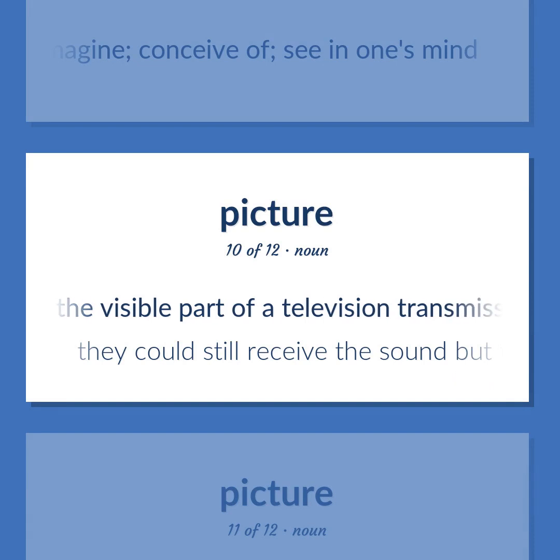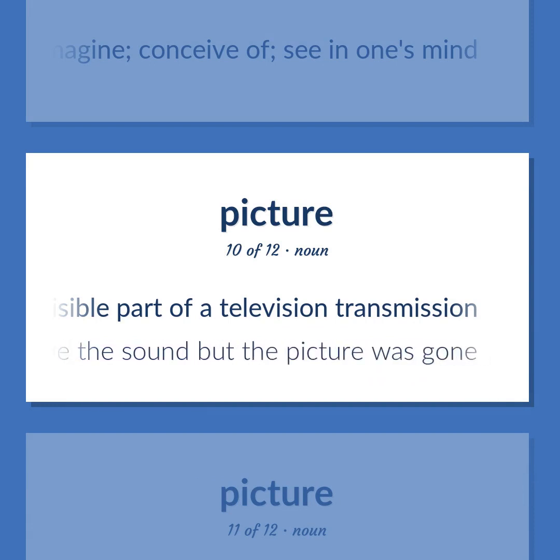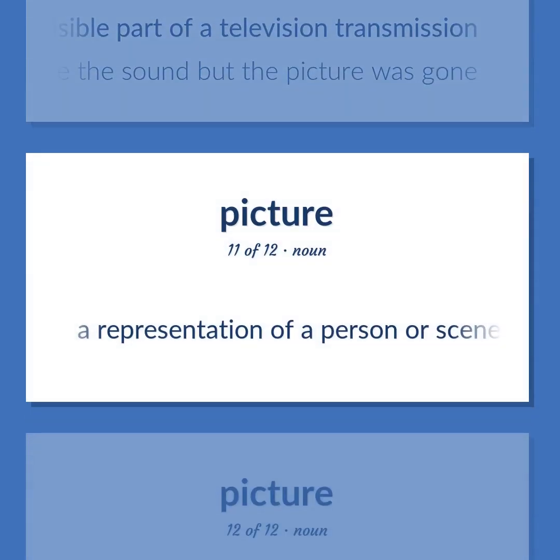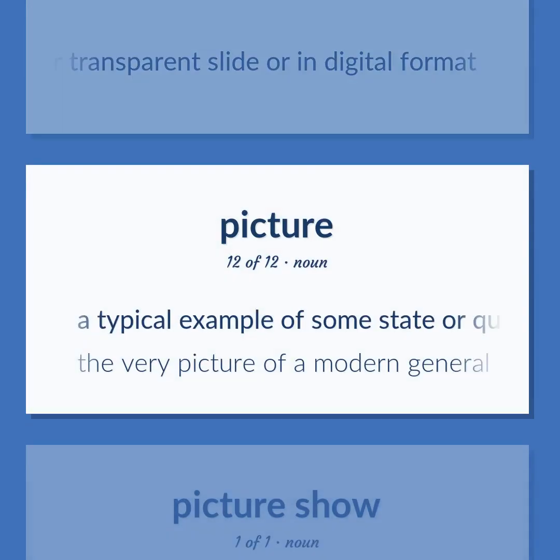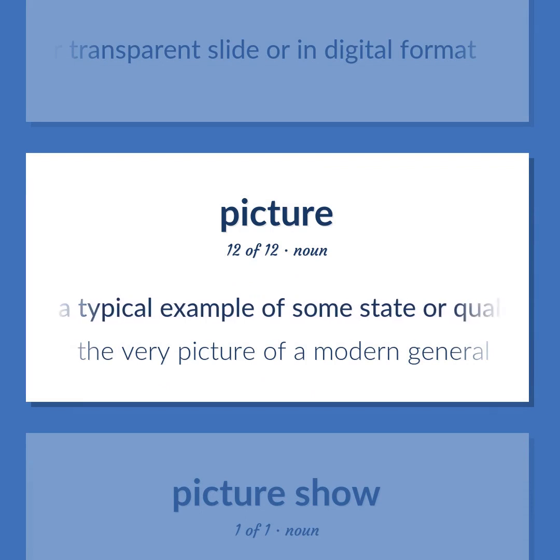The visible part of a television transmission. They could still receive the sound but the picture was gone. A representation of a person or scene in the form of a print or transparent slide or in digital format. A typical example of some state or quality. The very picture of a modern general.